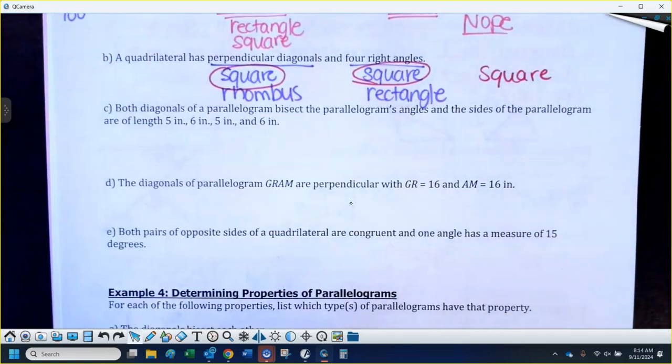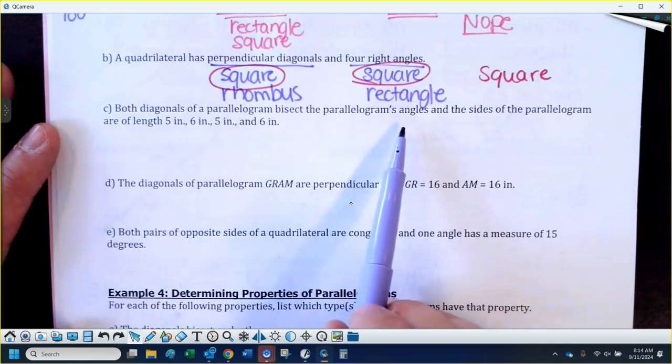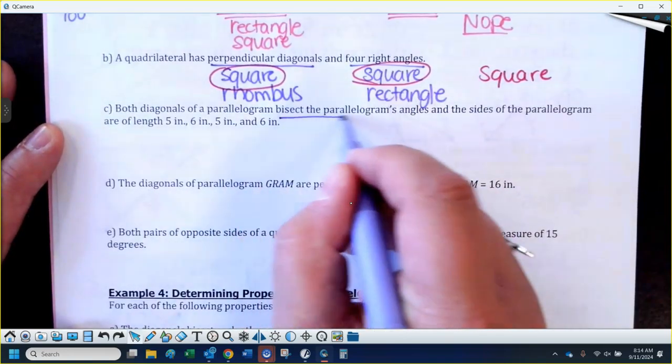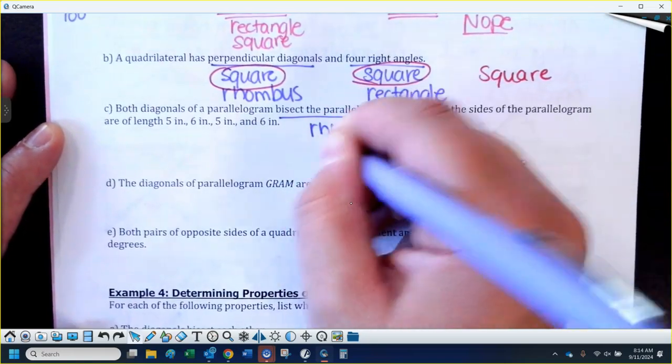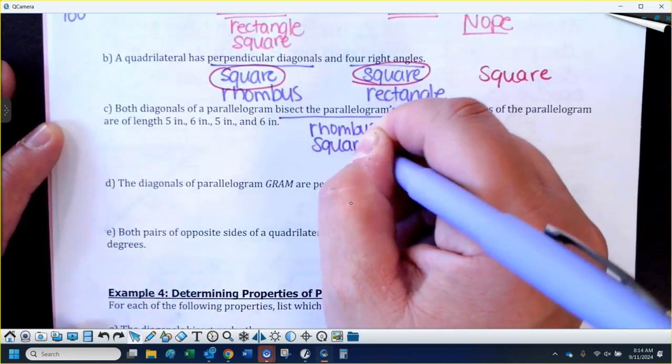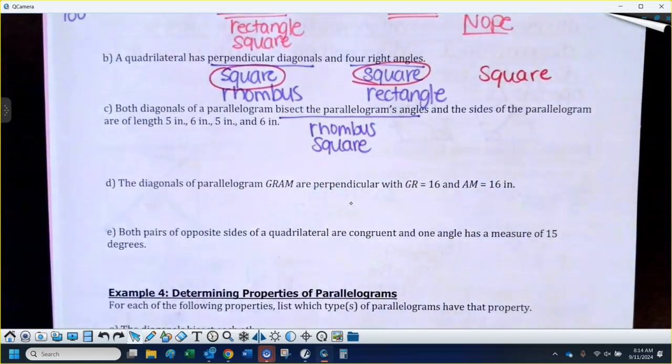Okay, this one says both diagonals of a parallelogram bisect the angles. Okay, if you bisect the angles, that is rhombus, and that is a square. And then it lists the sides of the parallelogram being 5, 6, 5, and 6.